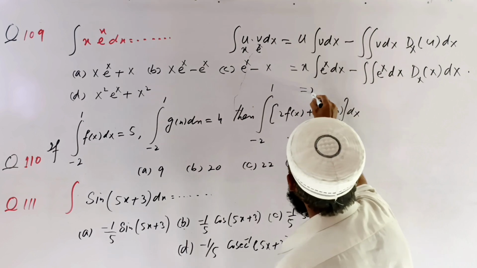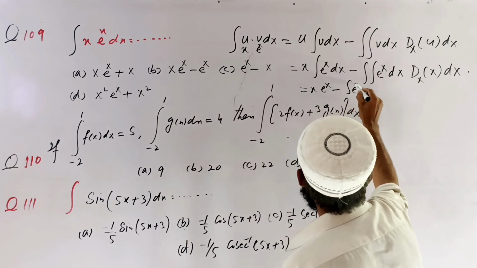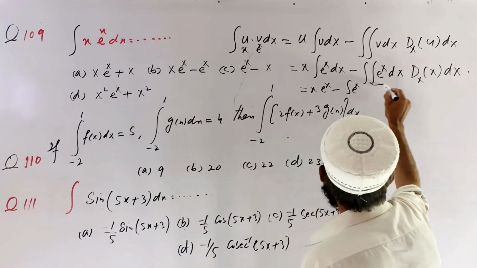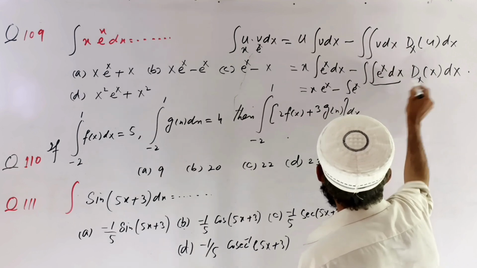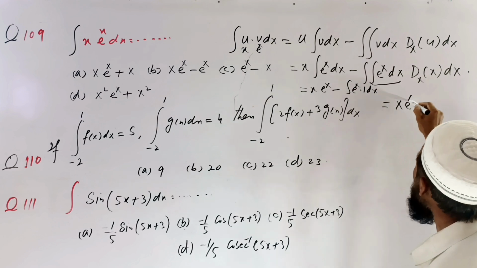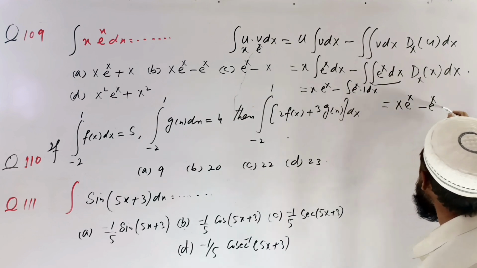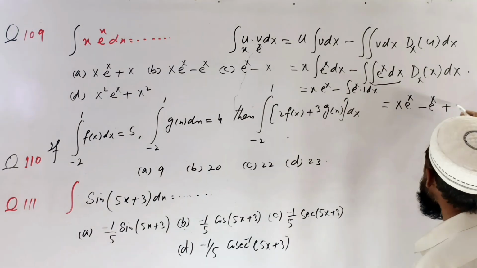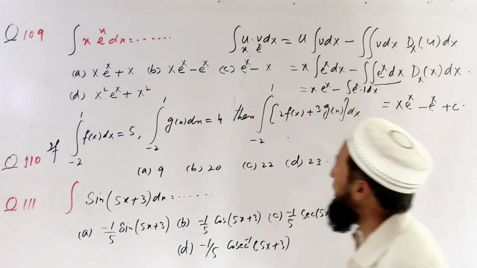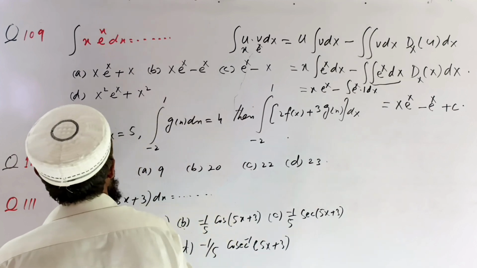So here we get x e power x, and the integration of e power x is e power x and the derivative of x is equal to 1 dx. So x e power x minus e power x plus c. Now we check the option. Option B is the correct option here.